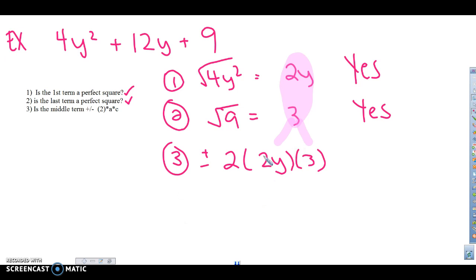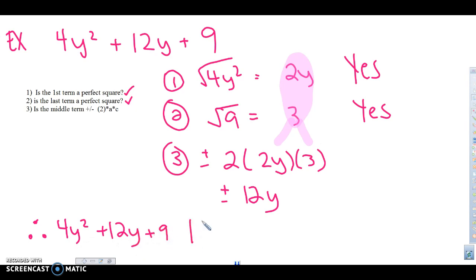So if I multiply this out, 2y times 3 is 6y, times this 2 in front would be 12y. And I want plus or minus 12y. Well, I have plus 12y. So that means that this trinomial I have, 4y squared plus 12y plus 9, is a perfect square trinomial.